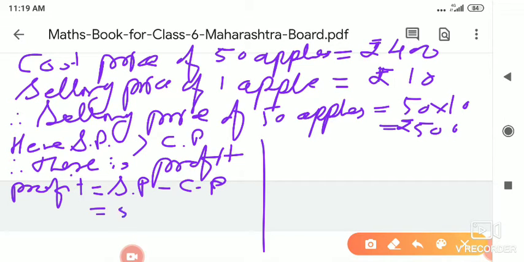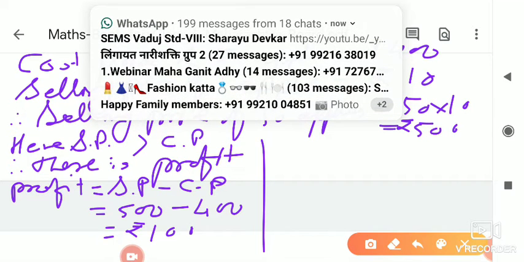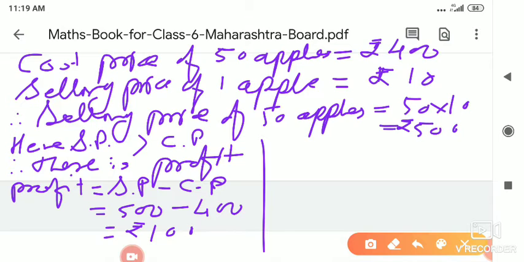That is 500, minus cost price is equal to how much? 400, and the subtraction of both is equal to 100. So Hanif, after selling the 50 apples, got the profit of how many rupees? 100 rupees.